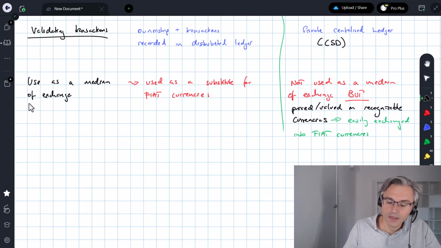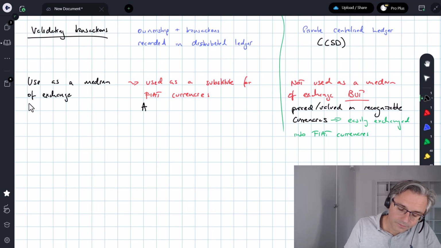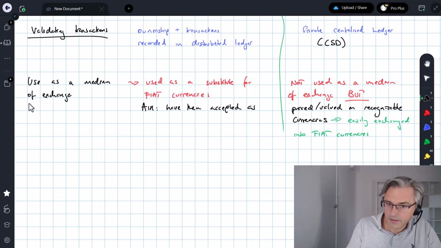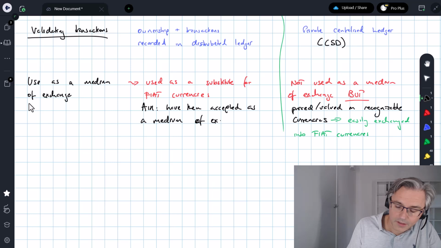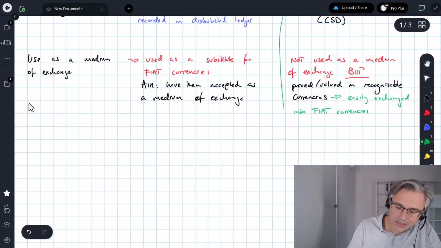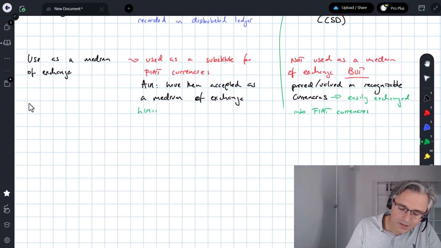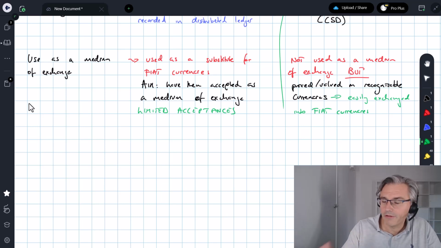So the aim is to have them accepted as an official, recognized medium of exchange, a way of paying for stuff. Obviously, that is not yet the case. So currently there is still limited acceptance, although there are jurisdictions where it has become possible to use Bitcoin to pay for stuff.